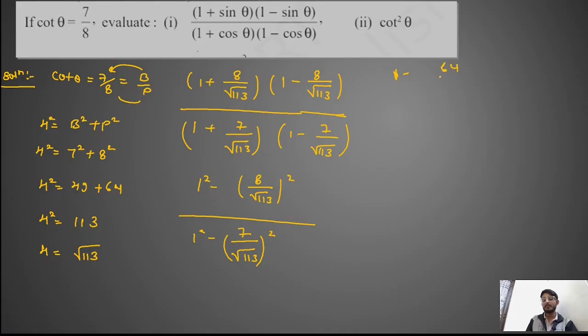And as you know, when you find the square of a square root number, you get the complete value. It means if you find the square of root 2, you will get 2. The square root is automatically removed.